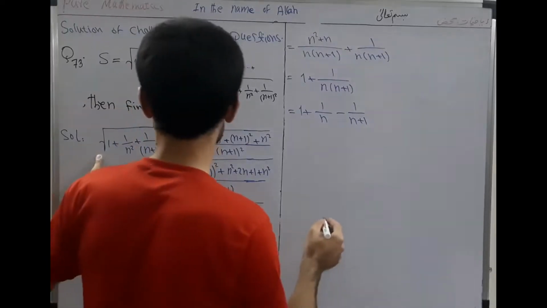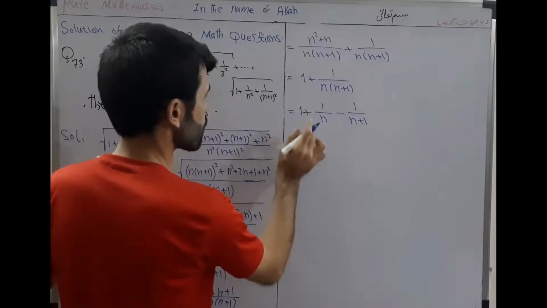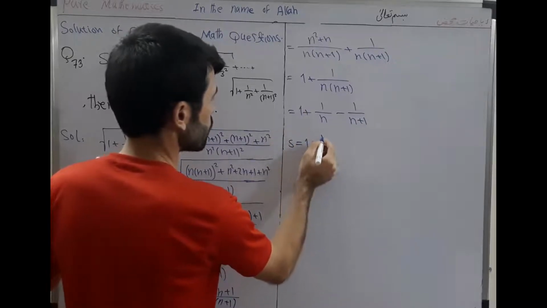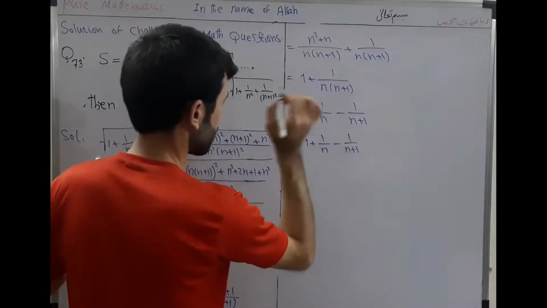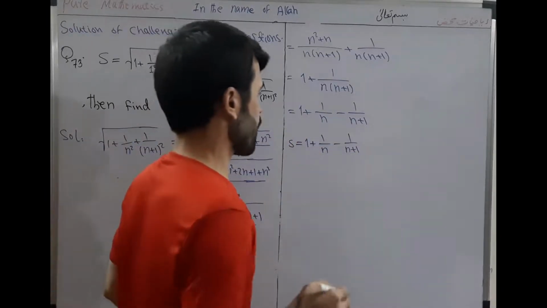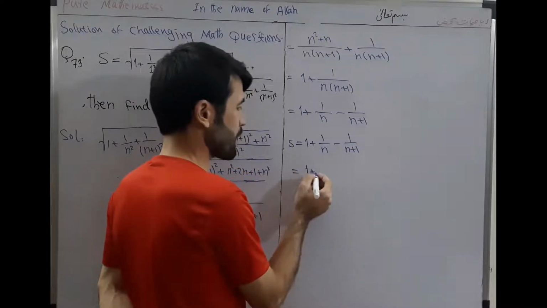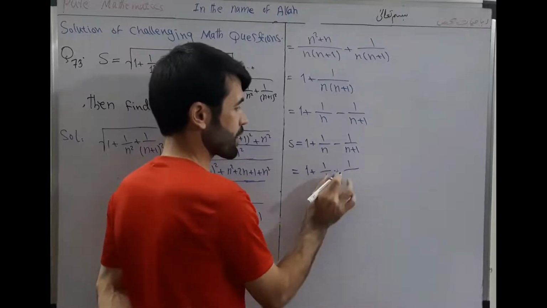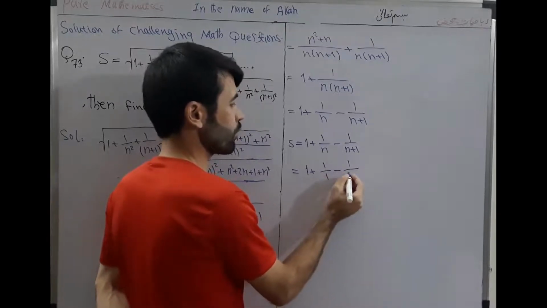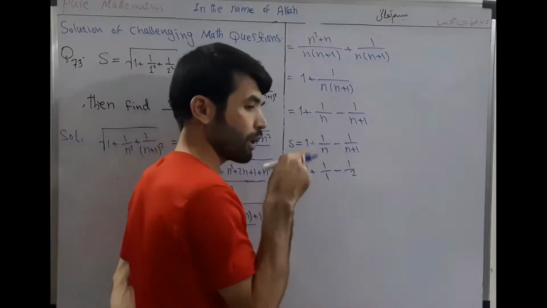Actually, S is equal to, its general term is 1 plus 1 over n minus 1 over n plus 1. Now we can write, when n is equal to 1, 1 plus 1 over 1 minus 1 over 2.